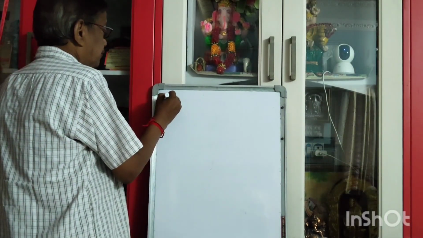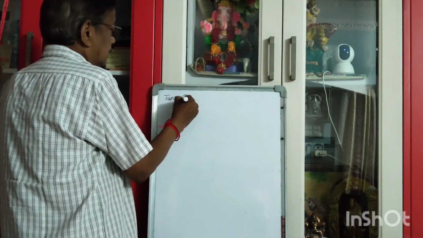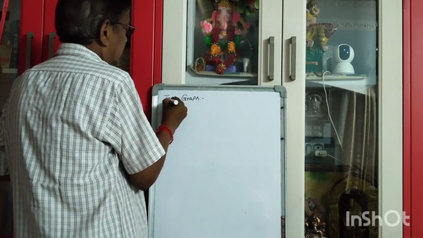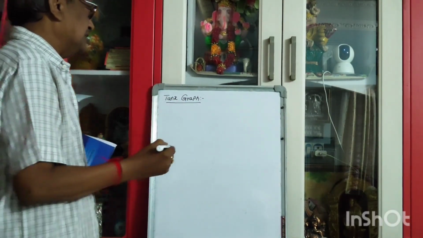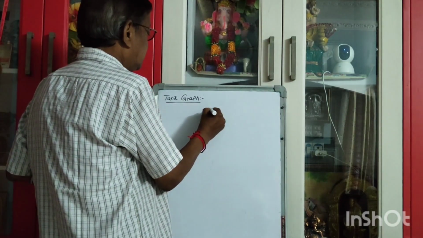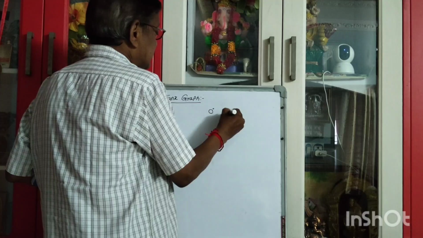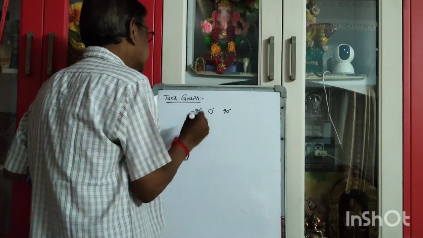Tan x graph. You will consider the values as 0 degrees and plus 90 degrees, here minus 90 degrees.